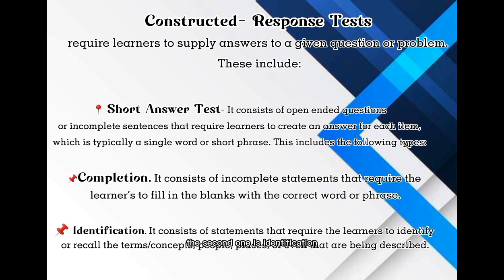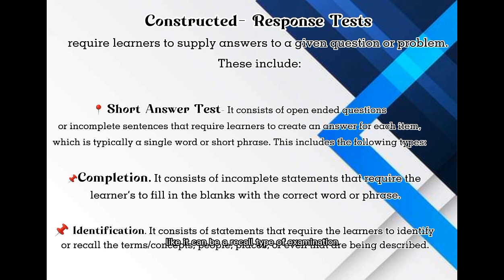The second one is identification. It consists of statements that require the learners to identify or recall the terms or concepts, people, places, or events that are being described. It is also a type of examination which can be scored objectively.